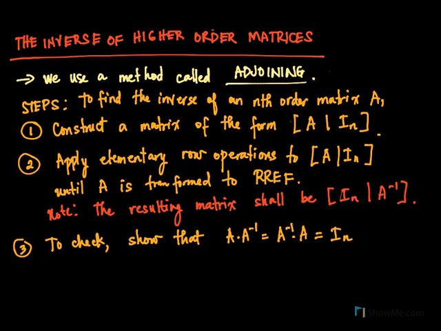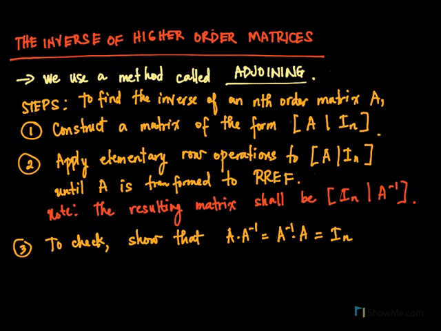So in general, yung method kanina na pinakita natin is para sa 2 by 2 lang yon. So we cannot use that when you have already a 3 by 3 matrix or a 4 by 4 matrix. So generally, we use the method called adjoining in getting the inverse of a higher order matrix, starting with 3 by 3 paakyat. Although, pwede rin natin itong gamitin kung 2 by 2.